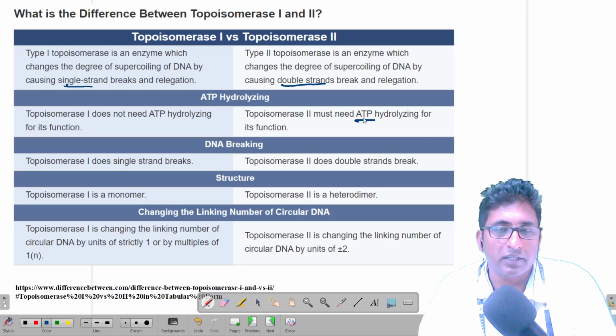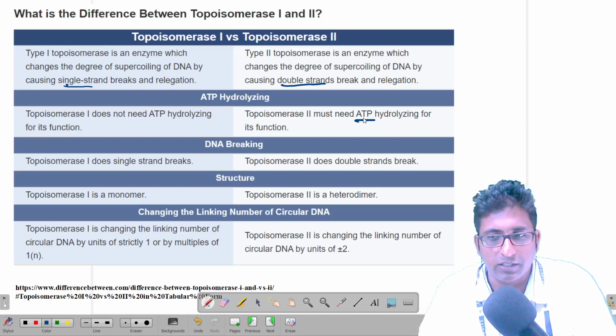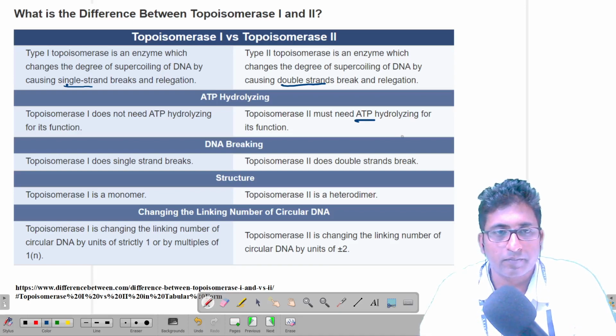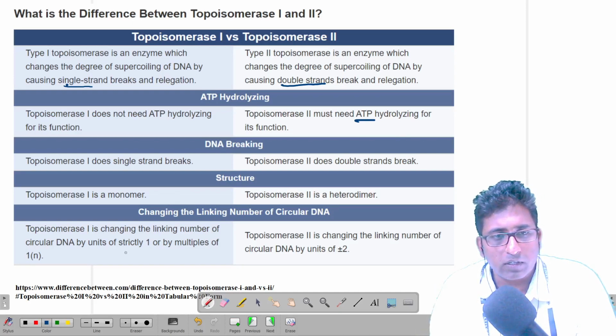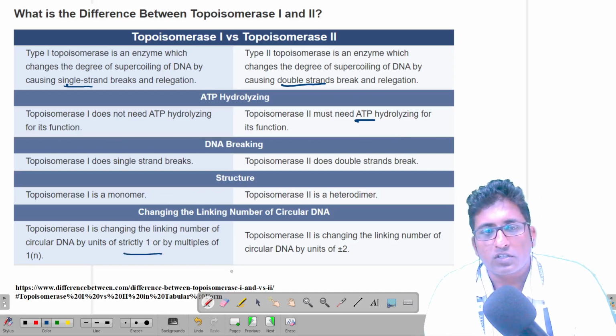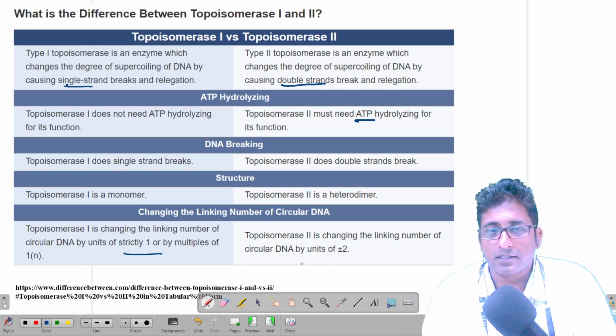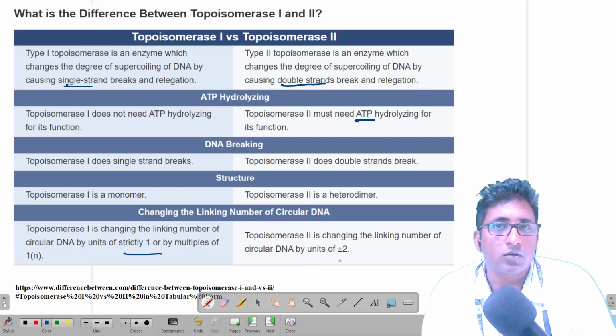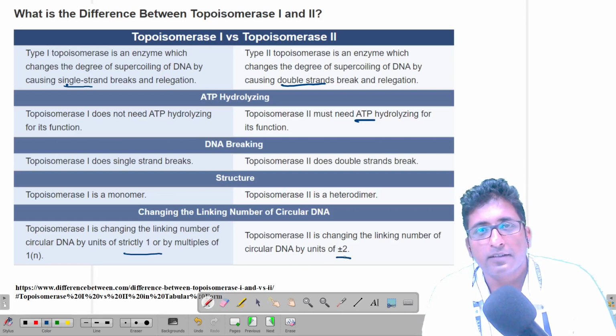The ATP would be required to change the conformations and many other things for the enzymes. Another important point that we need to remember is topoisomerase 1 reduces the supercoiling in steps of 1, whereas topoisomerase 2 reduces in steps of 2. I hope these are clear. Thank you very much.